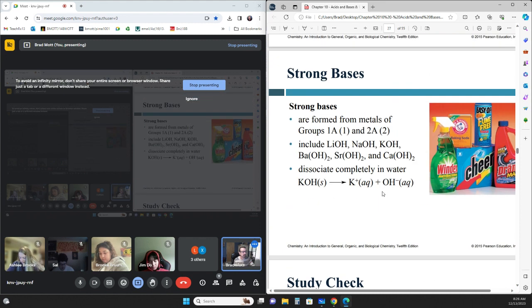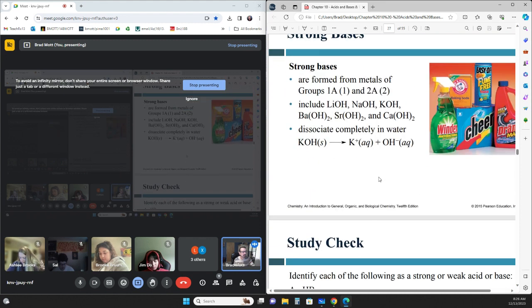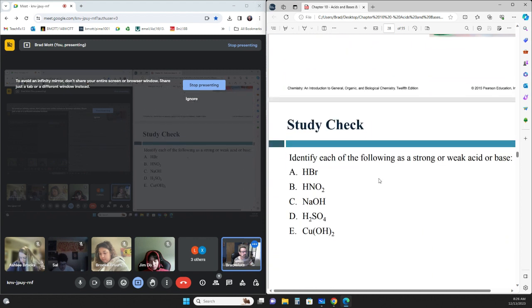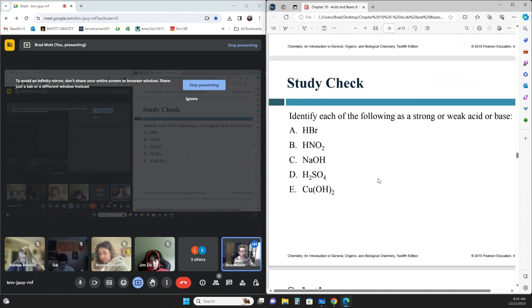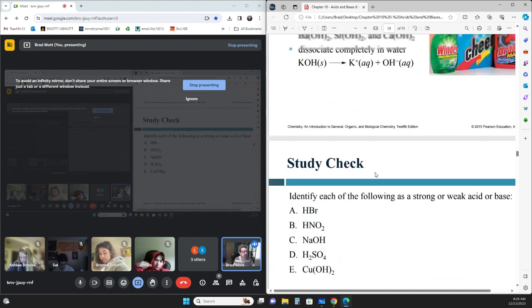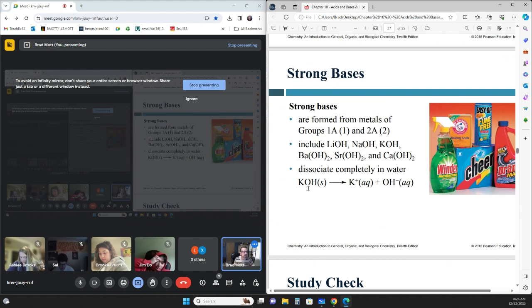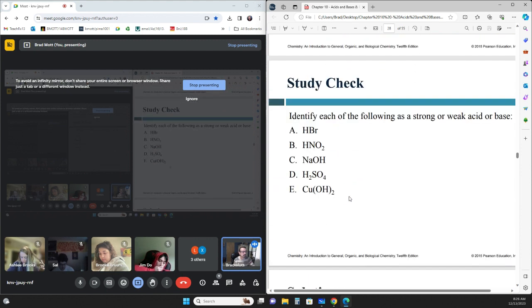Okay, lithium hydroxide, sodium hydroxide, potassium hydroxide, all those are contributing, and we're back to looking at Arrhenius bases as a definition here because it contributes hydroxide to the solution.